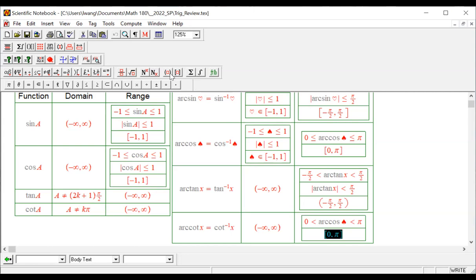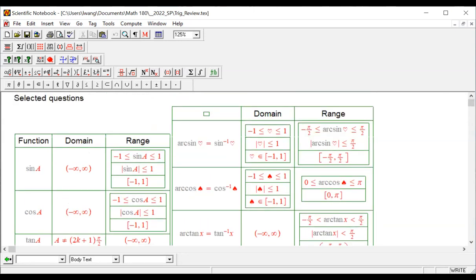And this is going to be parentheses because it doesn't include 0 or pi. And of course, here is the arc cotangent. That's it. So these are the different forms you need to know. You're expected to know.